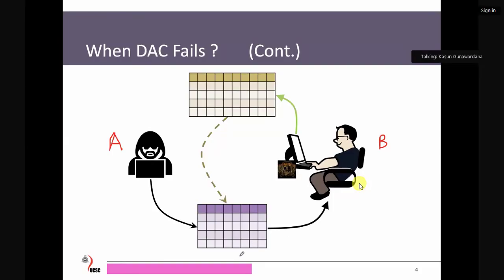Now the table is created by user A, and user A is the owner, so user A has full access, and now the data will be exposed. So that is a problem in discretionary access control. Rather, we would say it's a kind of limitation.